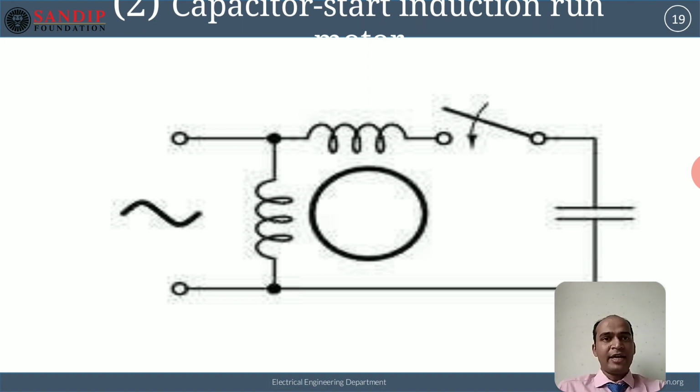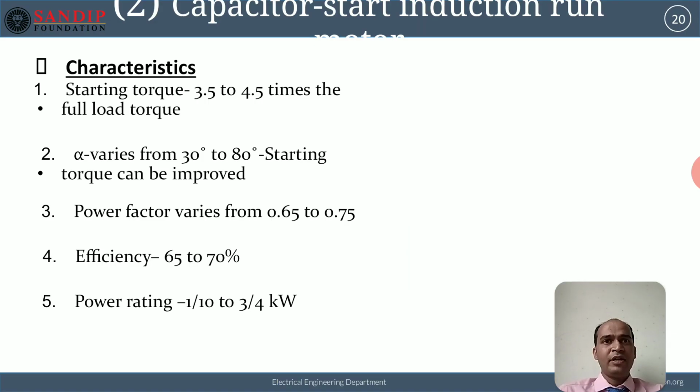Hence, the angle between the fluxes produced by I1 and I2 will be large. Due to this large angle, the capacitor start motor produces a large starting torque as compared to that produced by the split phase induction motor.